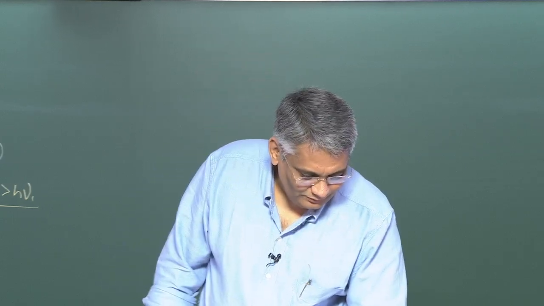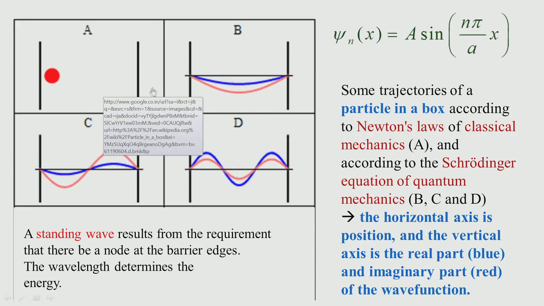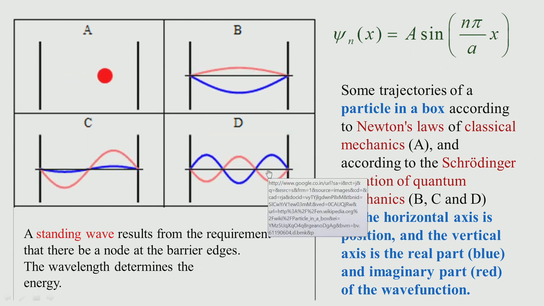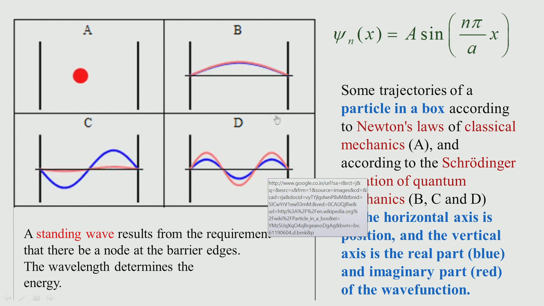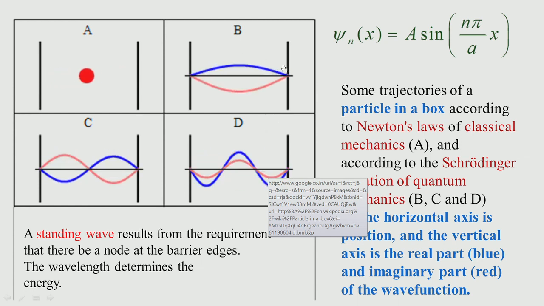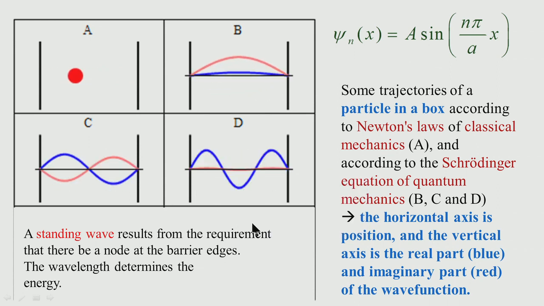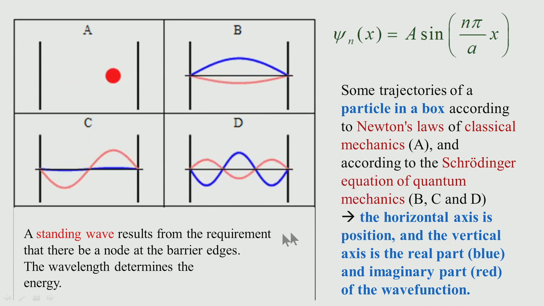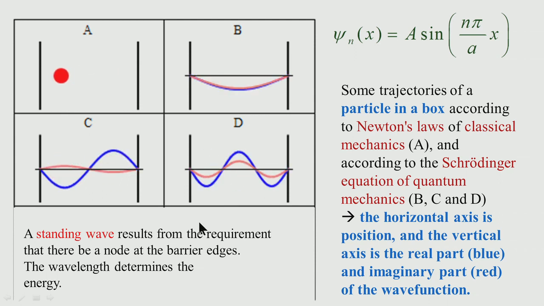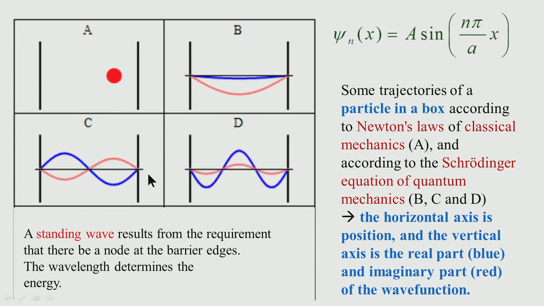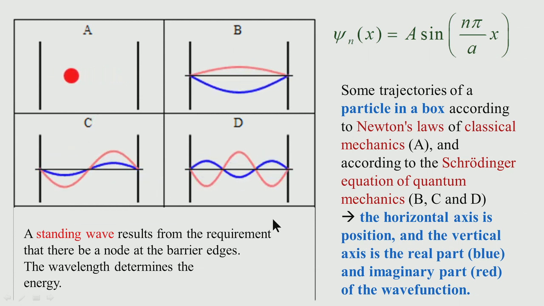And this is an example of how standing waves are created. Of course, these standing waves result from the requirement that there is a node at the barrier edge, and the wavelength of course determines the energy.